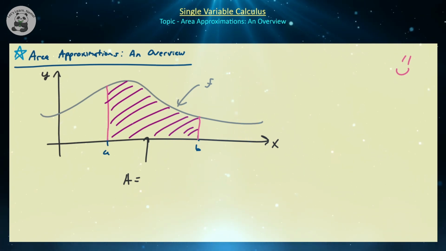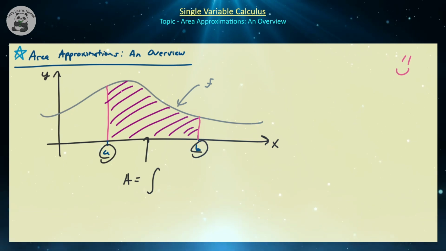I'm going to represent this using this symbol, which is called an integral. Since the interval changes the area under this curve, we need notation for the interval on that integral. The lower bound on the integral will be the lower bound of the interval, and the upper bound of the integral will be the upper bound of the interval.